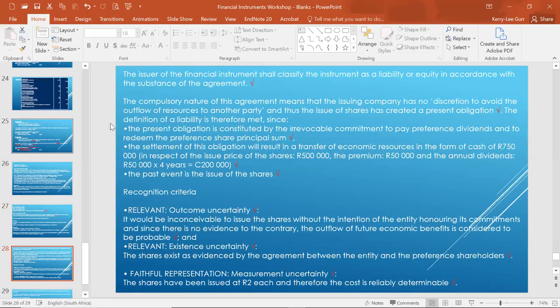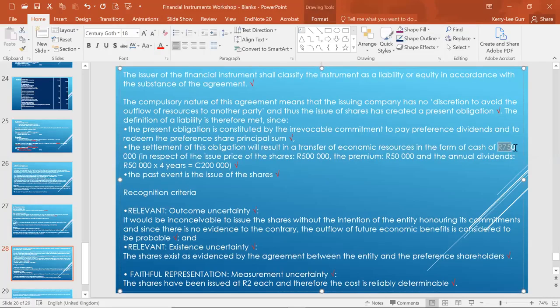They then focused on the elements of the settlement of the obligation, because there was a compulsory redemption here, which was a form of cash of 750,000, and they actually split it up into the nominal price of the shares that they're repaying, the premium of 50,000, as well as the annual dividends, which was 50,000 for 4 years, being 200,000.